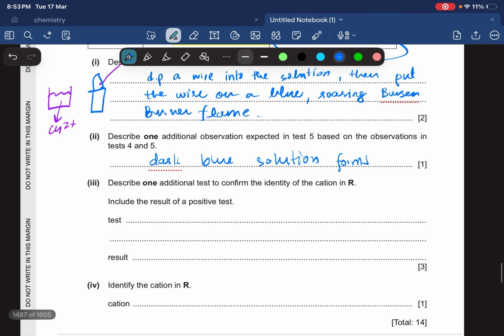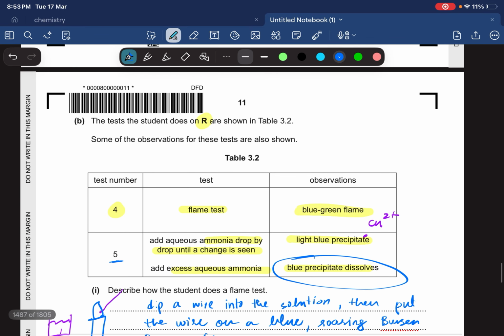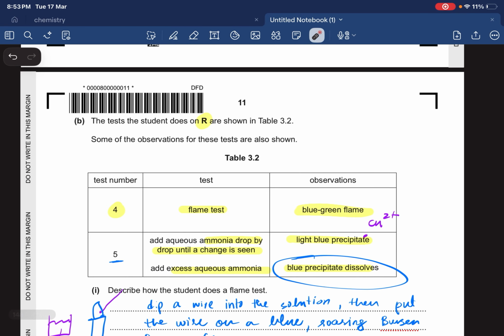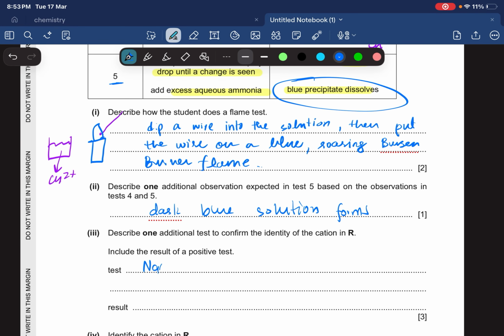Describe one additional test to confirm the identity of the cation in R. Basically over here, for the cation that we're dealing with in R, we're going to add sodium hydroxide. How do you do this? You know that for cation tests, one reagent is ammonia and the other reagent is NaOH. So we add NaOH first dropwise and then in excess.